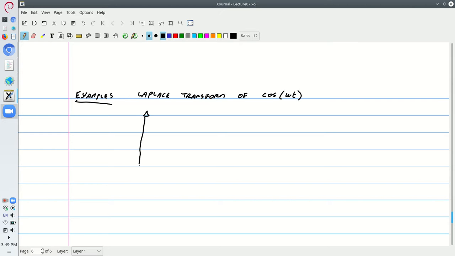Of course, when I mean the Laplace transform of cosine of omega t, what I actually mean is the function that is 0 for time t less than 0, and then is a cosine for t that are non-negative.